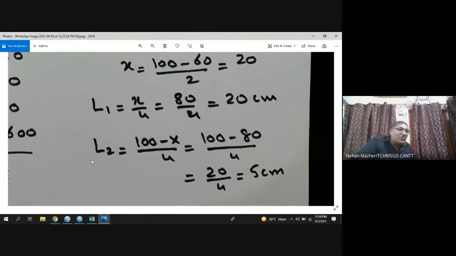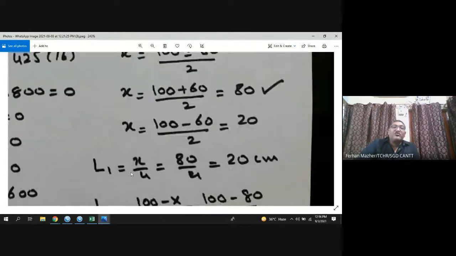The length of the second square was 100 minus x, the whole thing divided by 4. So 100 minus 80 divided by 4, that is 20 divided by 4, which gives you 5 centimeter. So the side of square number 1 is 20 centimeter, and the side of square number 2 is 5 centimeter.